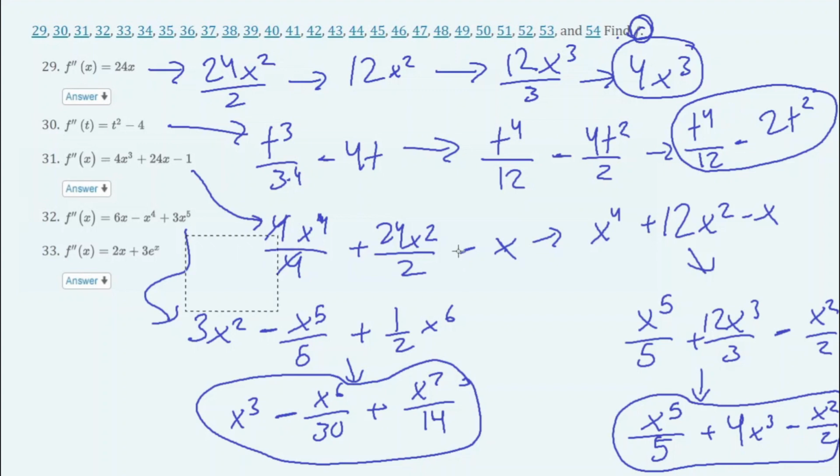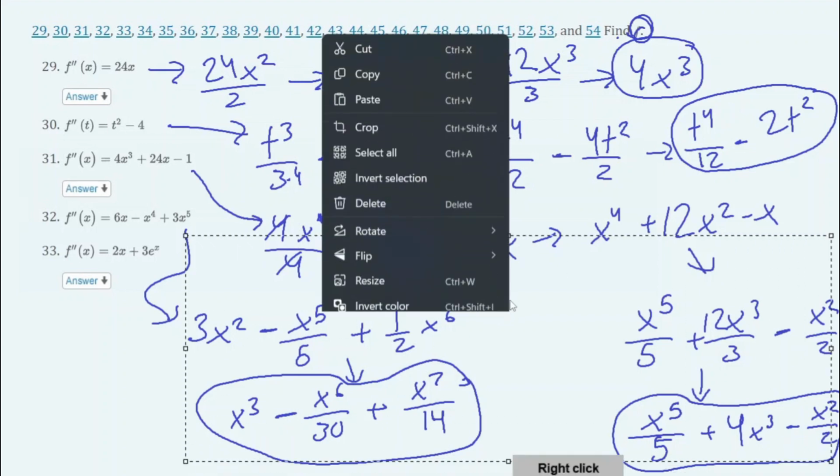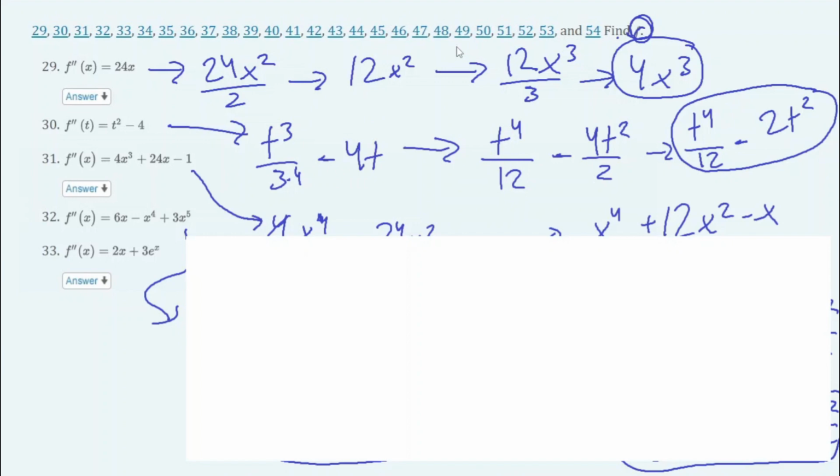And for number 33, let's create some space over here. So number 33, we have 2x plus 3e to the x. So for the first antiderivative, it's going to be x squared plus 3e to the x, and that's going to be your first antiderivative.